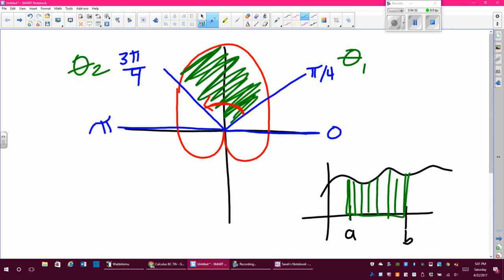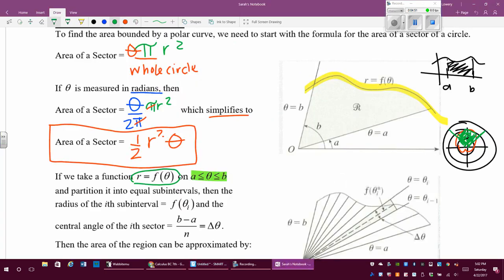The problem is, in polar land, we're not talking about rectangles anymore. We're actually talking about little tiny slices of an angle, infinitesimally many slices of this angle along this polar curve, and making as many slices as we possibly can.